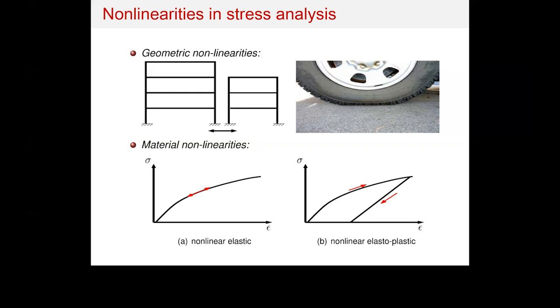The materials we studied, so for example, if you look into polymers, they are behaving in a nonlinear way. I don't expect that you have studied a lot of polymers in the past, but polymers are going to become more and more important in the future, and you will find many applications for them in civil and structural engineering.